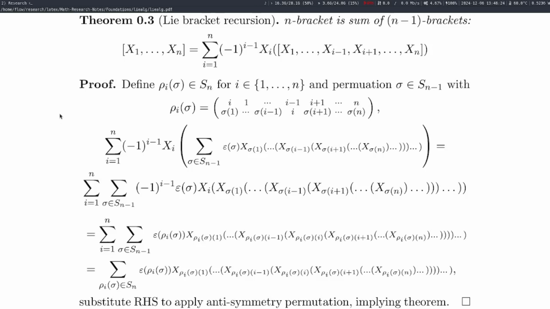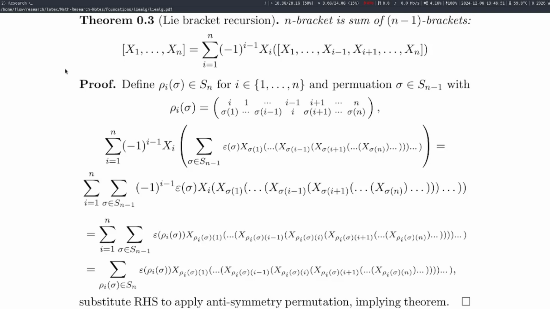I think this is my original result here, although it's analogous to some other results in mathematics, but this is in the context of Lie brackets, unlike other contexts. So this is for the fully non-associative Lie bracket.